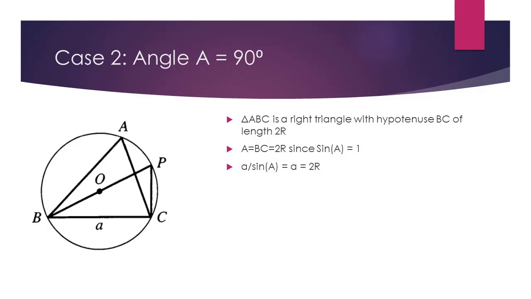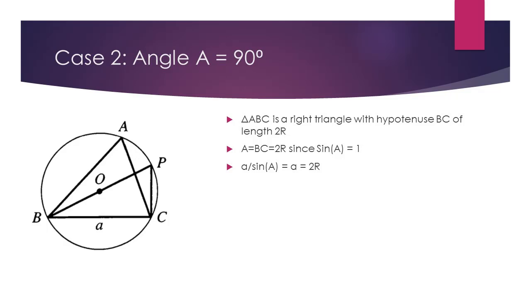We know that a equals BC, which is the diameter, which is 2R. And since A is 90 degrees, we know that the sine of 90 degrees equals 1. So if you take a over sine of A, since sine of A is 1, it's just going to equal a, which is therefore going to equal 2R. So that proves our second case.